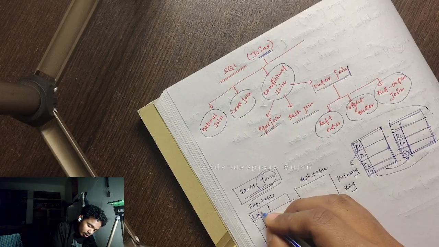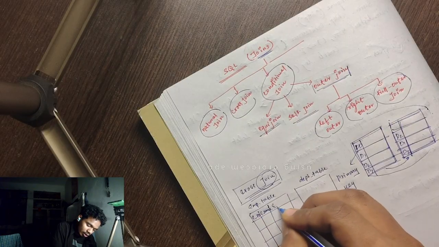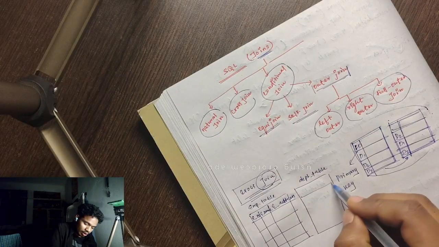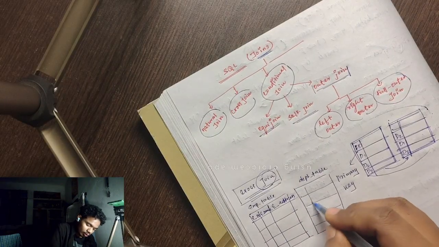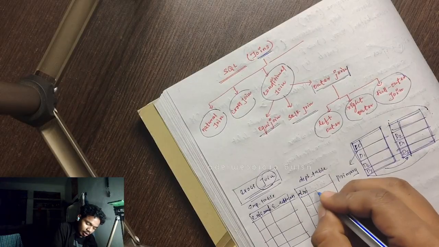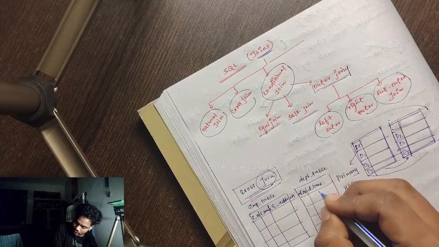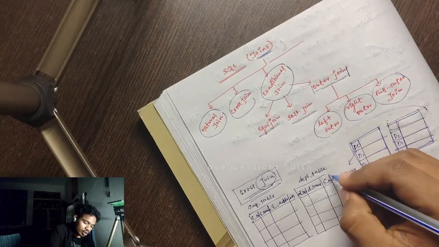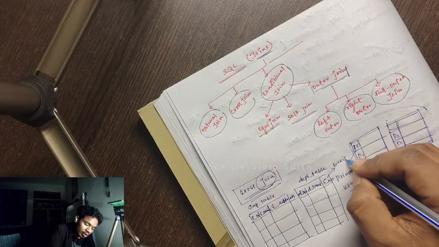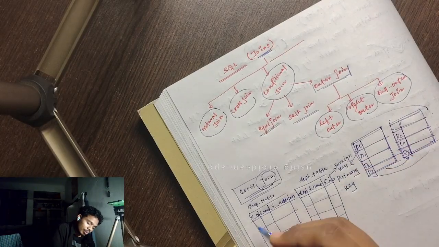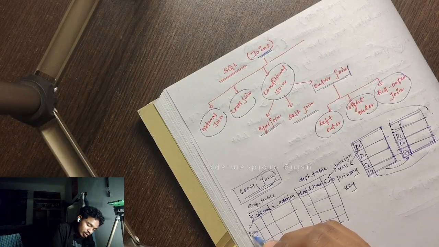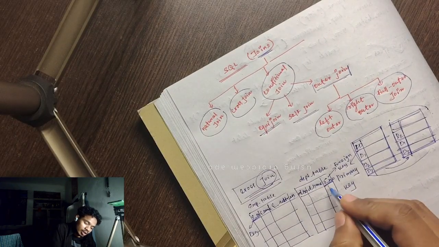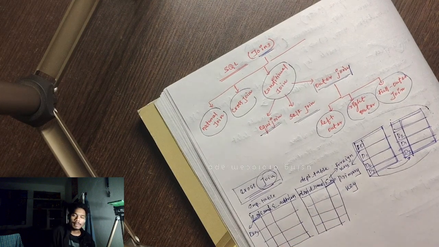In the other table we have department number, department name, and employee number, which is used as the foreign key and which is the primary key in the employee table. This is a primary key here and this is a foreign key here. So with this employee number, both tables are related.